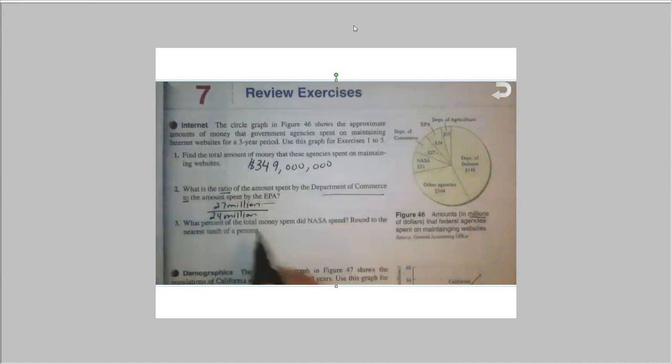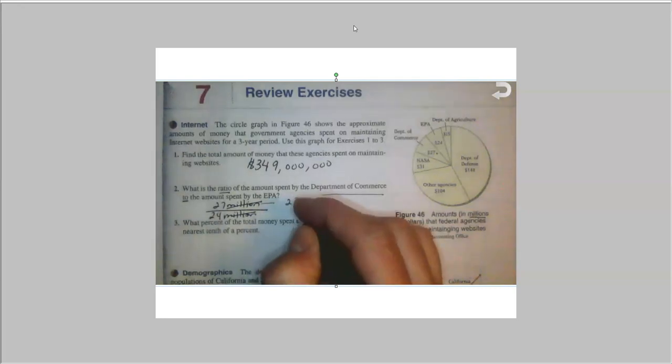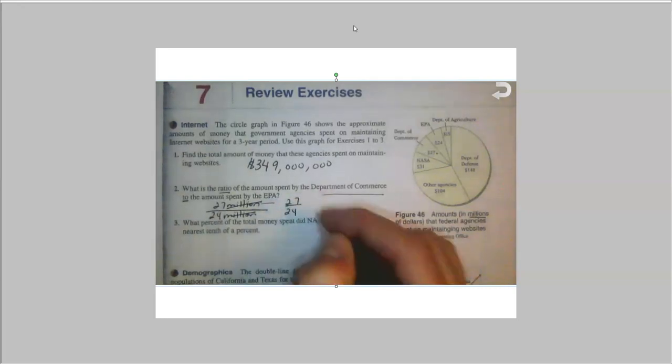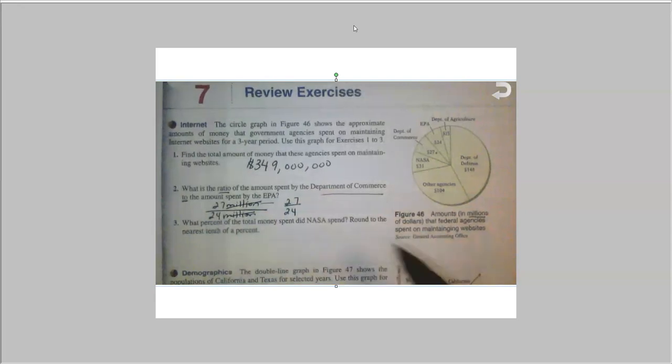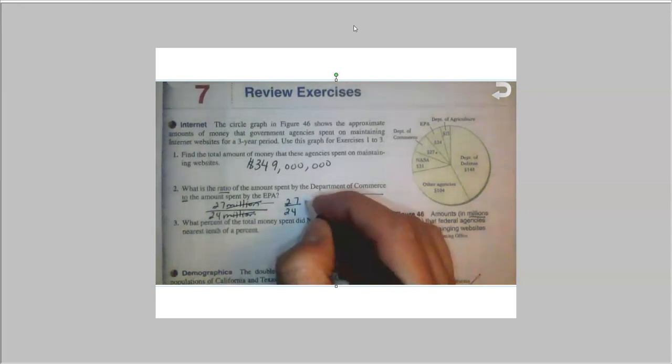Now, I'm writing this out, but the 6 zeros that make up that million, notice that they're going to just completely cancel each other out. We will reduce ratios as far as we can, but we will keep ratios as improper fractions. We would never turn an improper fraction for a ratio into a mixed number. So I will reduce this. Both the top and bottom are divisible by 3.